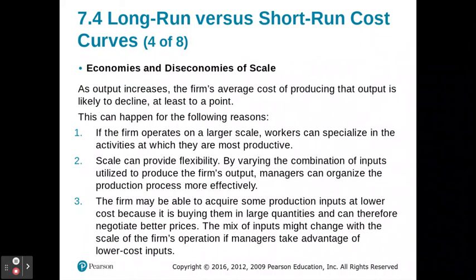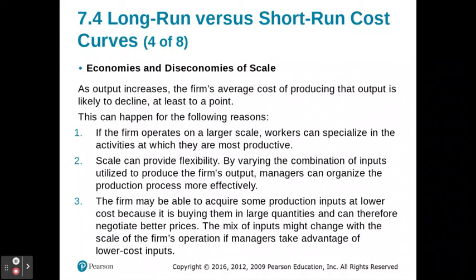There's at least one more thing I want to talk about here, and that would be the economies of scale versus the diseconomies of scale. When the firm is thinking about expanding its operations, it has to think about how its costs are changing. So basically what you're looking at here is the difference between cost changing versus output changing.